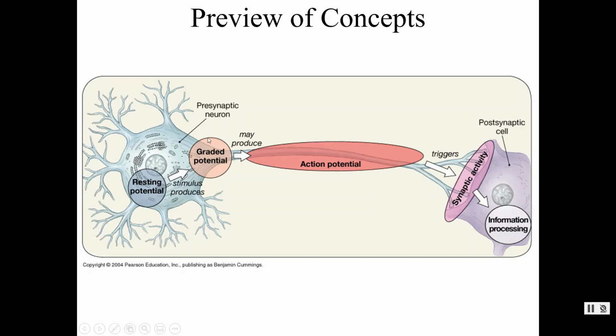If we do hit threshold, if we do hit -55, we can create a legitimate action potential that will be propagated down the entire axon until we hit the axon terminal. We have discussed what happens at the neuromuscular junction. We are next going to talk about what happens at the synapse of one neuron to the next neuron. That's coming up.